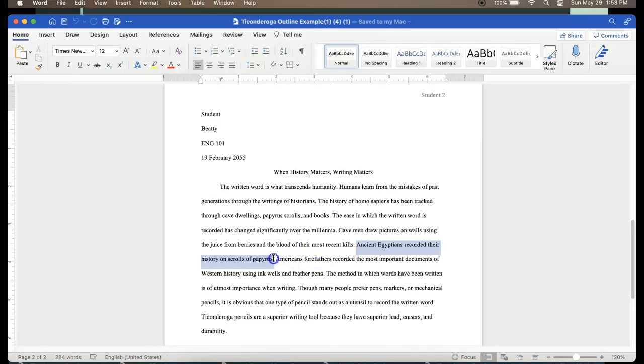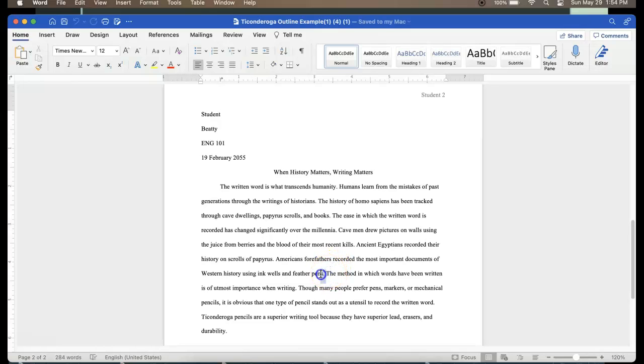And then here we have ancient Egyptians wrote things down on scrolls of papyrus. And then we get a little closer to present time when we have American forefathers recorded the most important documents of Western history using inkwells and feather pens. Okay, so now we went from berries to inkwells and feather pens.